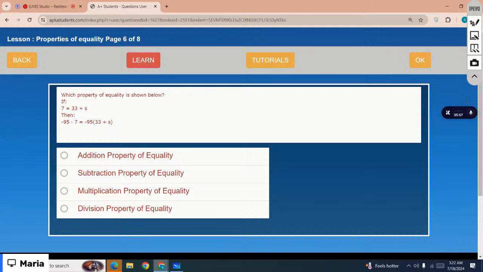So you are multiplying by negative 95 on both sides, right? When you multiply the same number on both sides, that is the multiplication property of equality. Option number three is the correct option.